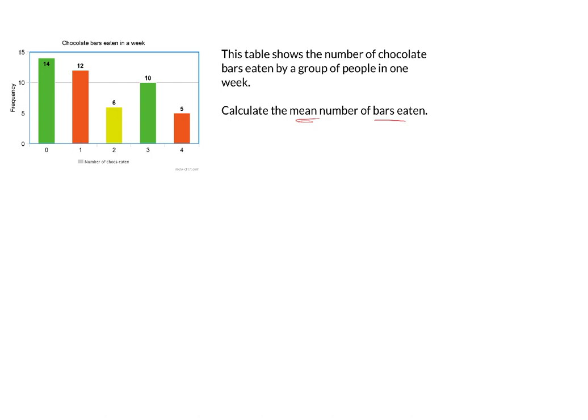So we literally just write down 14 times 0 plus 12 times 1 plus 6 times 2 plus 10 times 3 plus 5 times 4. And that will give me my total number of bars eaten. When I work that through, I get the answer of 74.